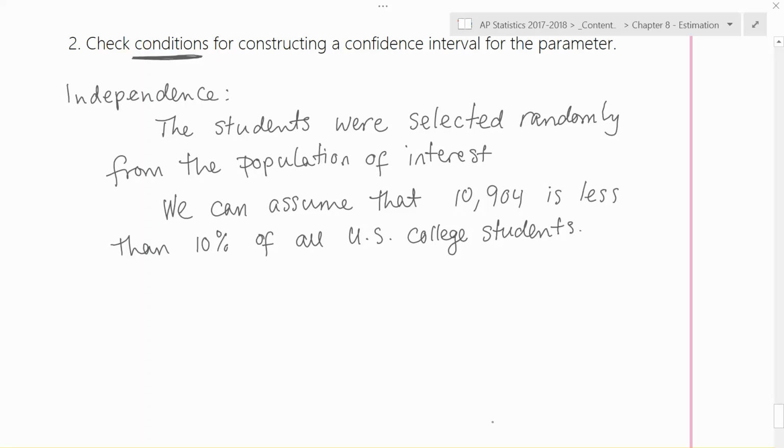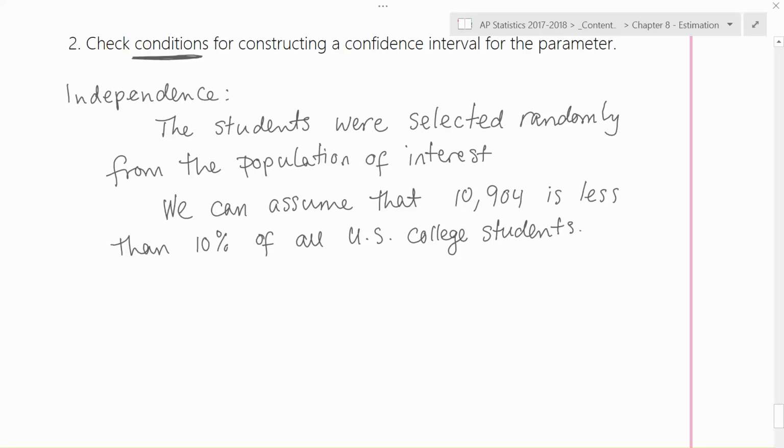So here's how we would check for independence. The students were selected randomly from the population of interest, and we can assume that the sample of 10,904 is less than 10% of all college students. That is a reasonable assumption because some colleges alone are 3 or 4 times this sample size, really large colleges, big universities.